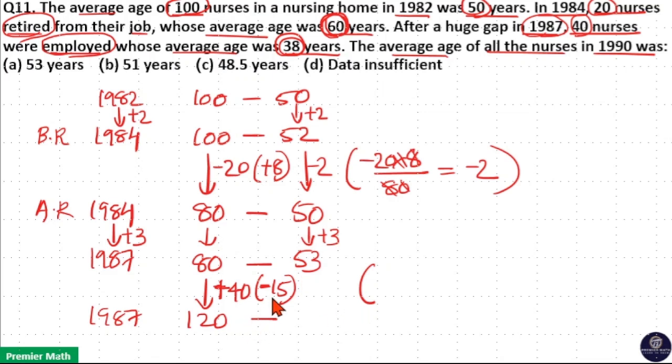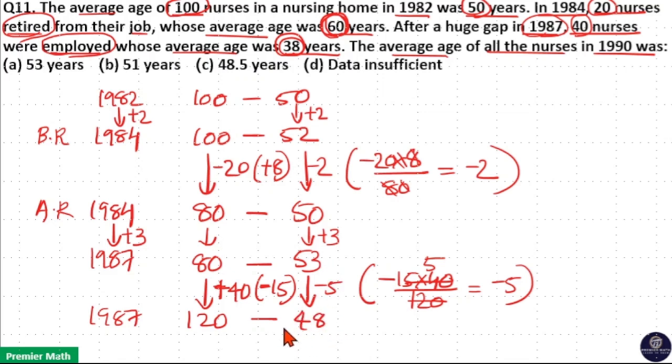So, minus 15 into 40 should be distributed to these 120 people. 120 goes 5 times in 600. So, minus 5 is the decrease in average here. So, difference in average is minus 5. 53 minus 5, 48 is the average age of 120 people.